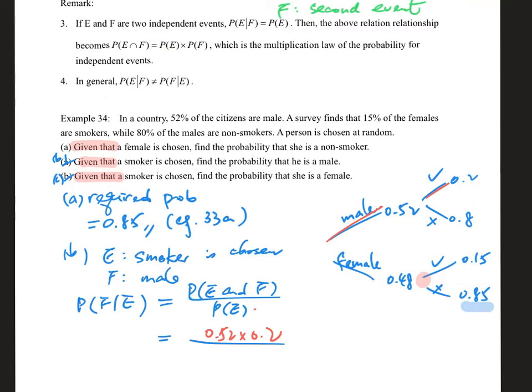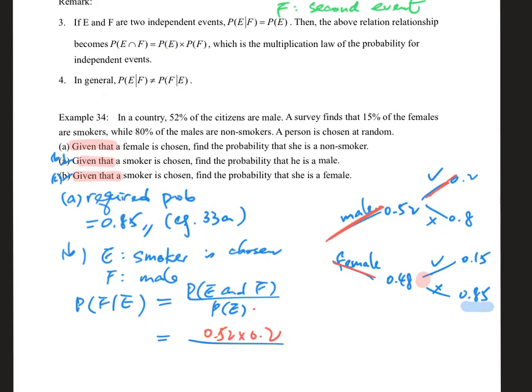You're just talking about a smoker chosen, so you have male smoker and female smoker, which is 0.52 times 0.2 as well as 0.48 times 0.15. It's pretty long because you're talking about smokers. Now you check the calculator, it's 13 over 22.